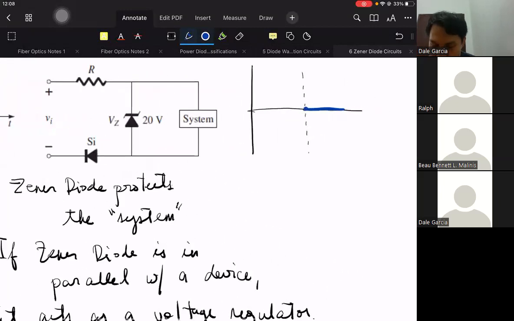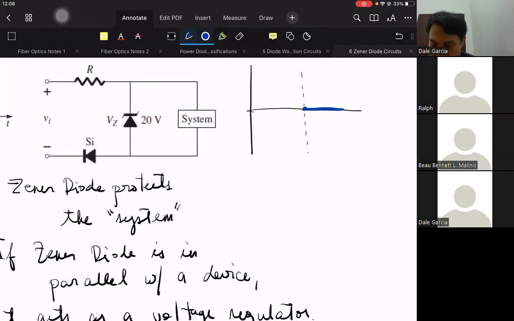If it is a regular rectifier circuit, half wave, without the Zener diode, then it is the same as what we learned earlier. But because the 20 volts Zener diode is in parallel with the system, it will regulate the voltage to that point only. So the shape is supposed to look like this, but the portion is clipped away. Clip is not the proper term, since that's used exclusively for clippers.